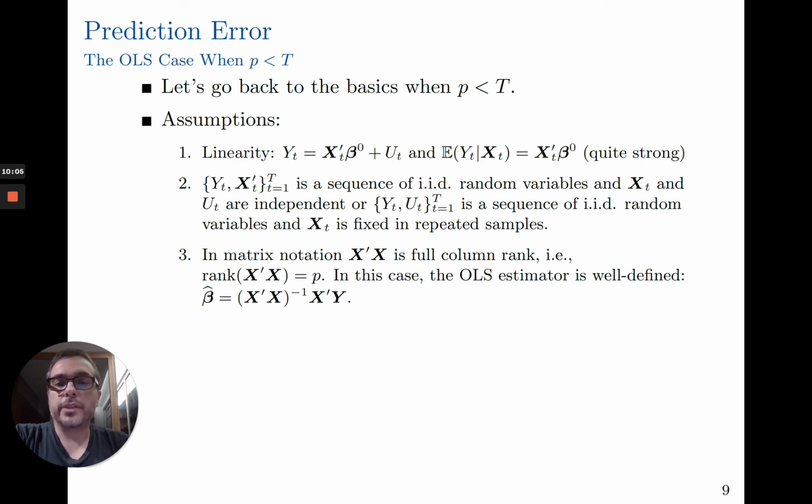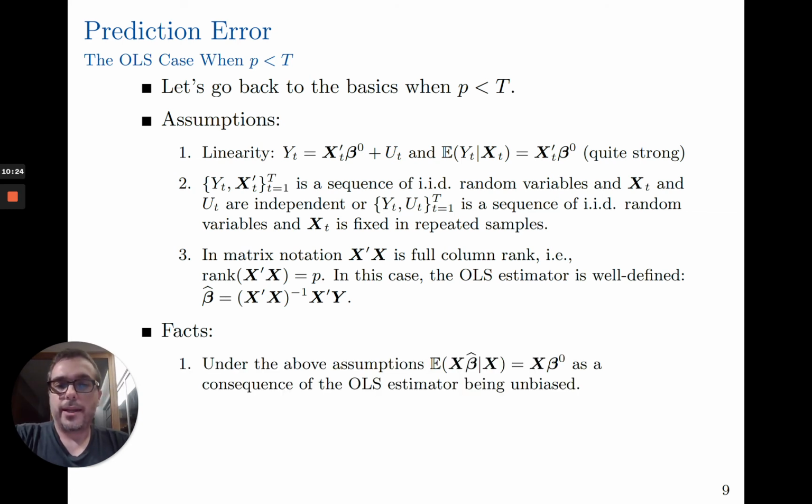And in matrix notation, we are going to consider that x prime x is full column rank, so the rank of x prime x is p, such that the OLS estimator is well defined, so beta hat is (x prime x) inverse x prime y, okay? And with that, we have some facts. First fact, that under the above assumptions, the expected value of the prediction given x is x beta naught.